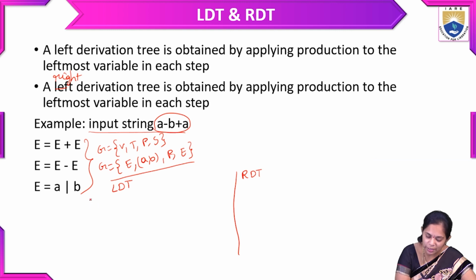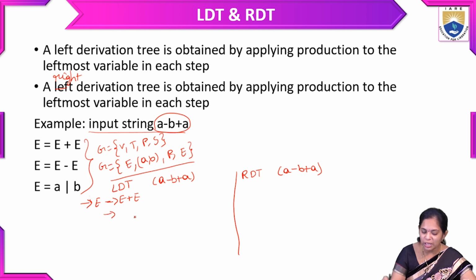Here the input string is A minus B plus A, and here also the input string is A minus B plus A. In the first derivation part, E is the start state. So E tends to E plus E. We will take this one.